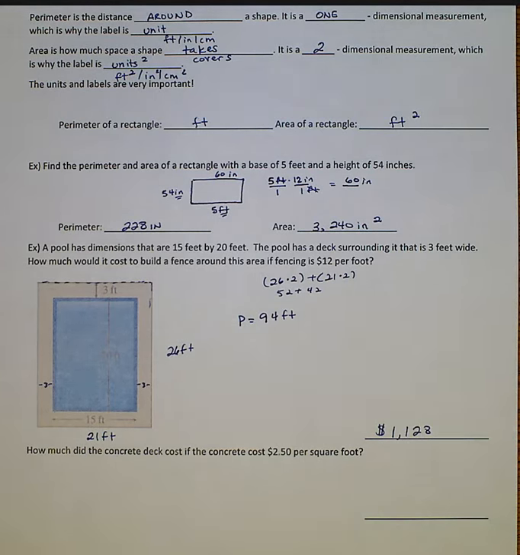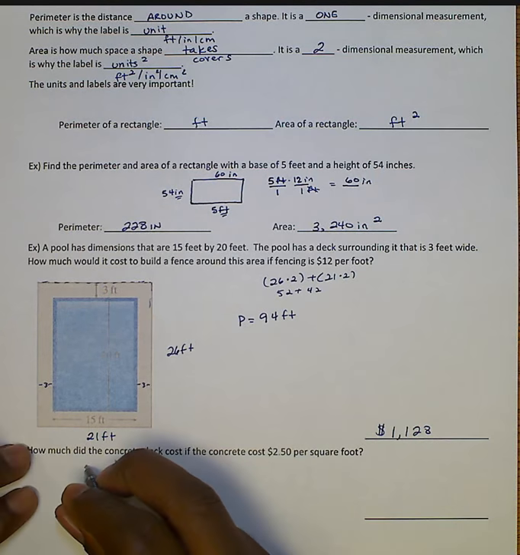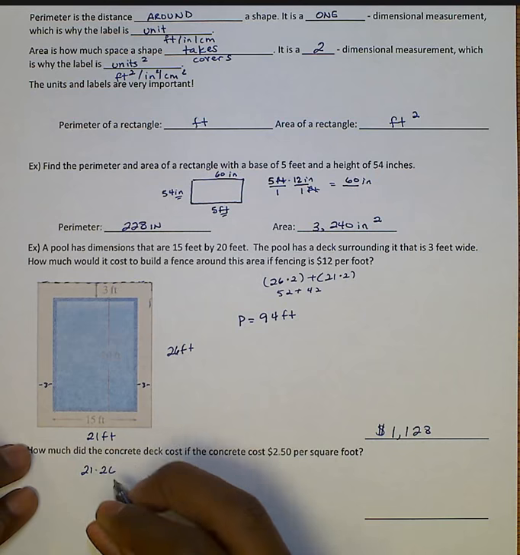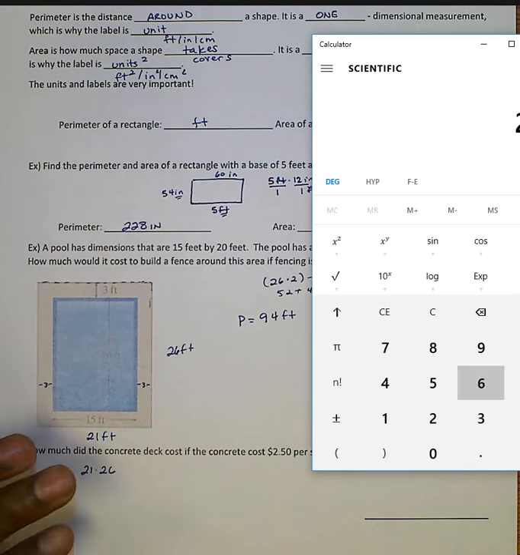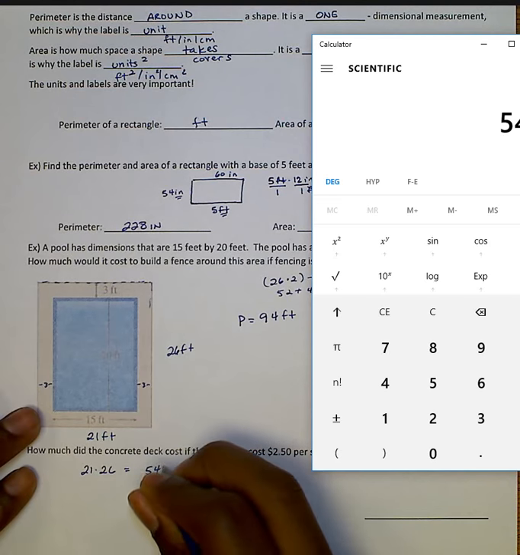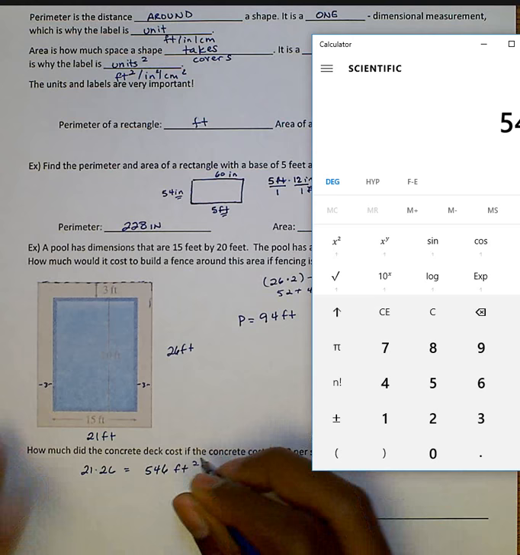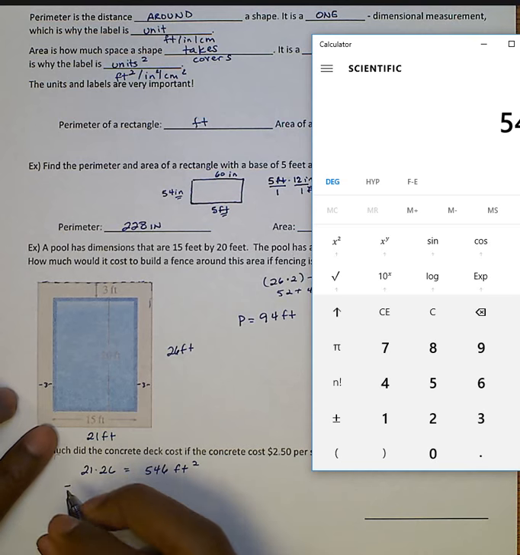So what we can do is take this big area, 21 times 26, 546 feet squared. But we're not laying concrete all over that space. We're only laying it where the pool isn't. So how big is the pool? Well, it's 15 by 20.